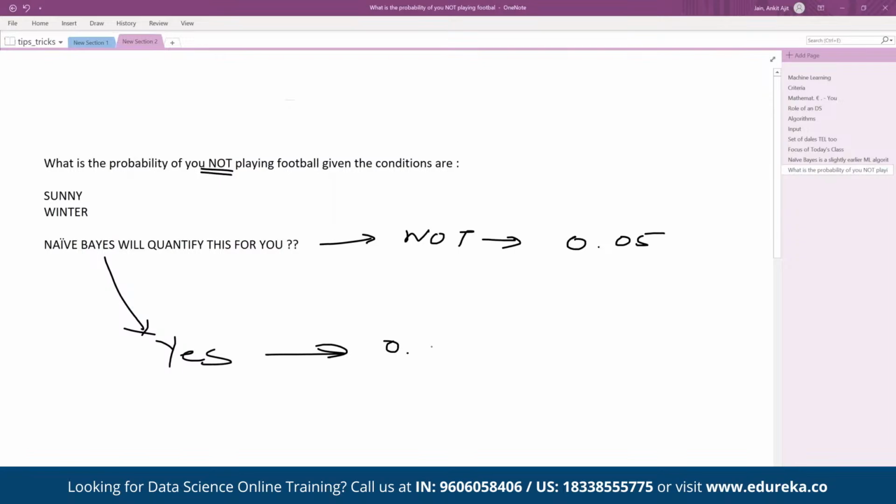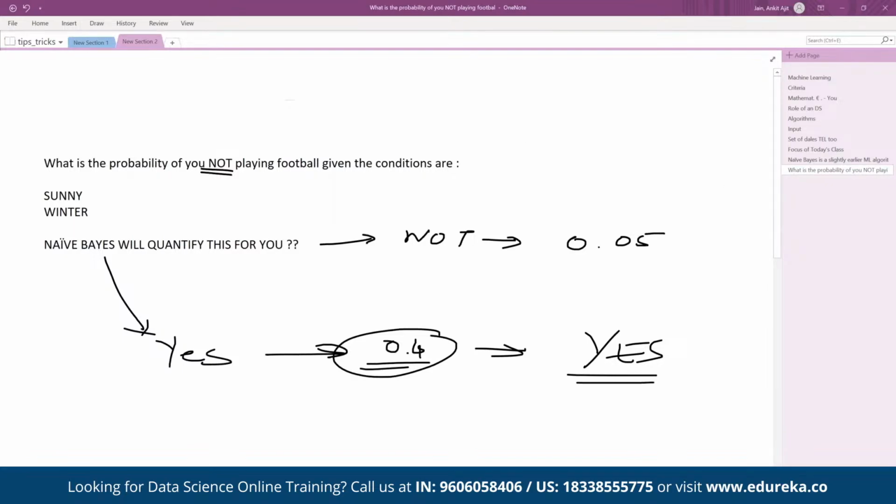Suppose it comes out to be 0.4. Who wins here? The yes wins here, right? So you will classify it as yes. So the whole point is understanding how Naive Bayes can be used to quantify probabilities.